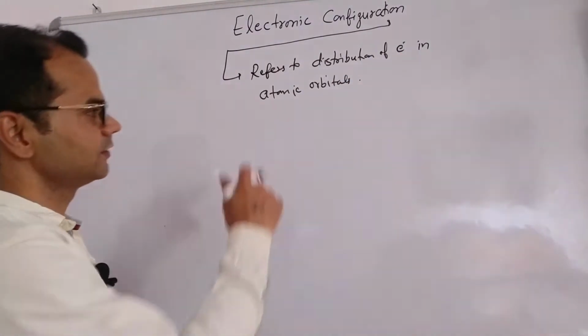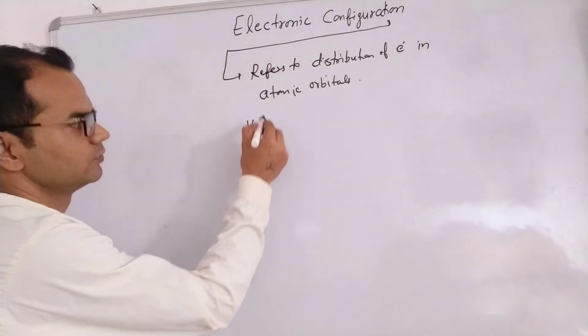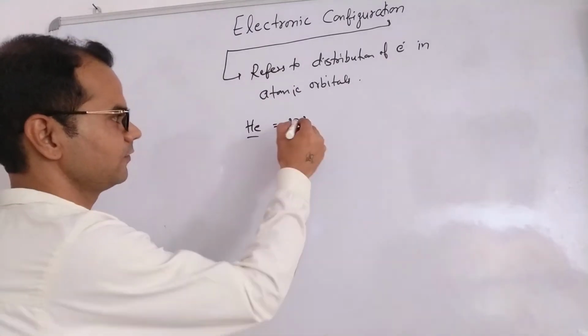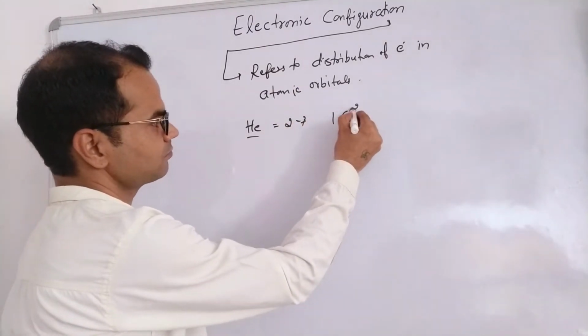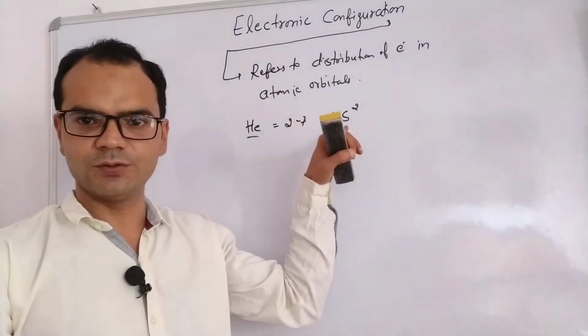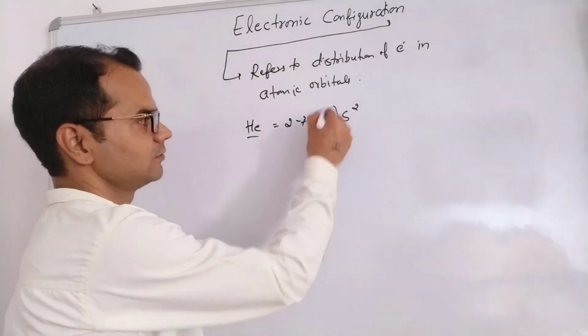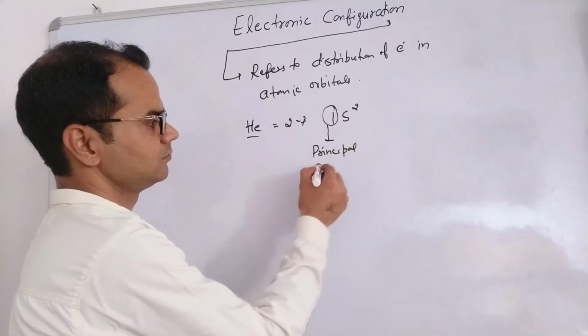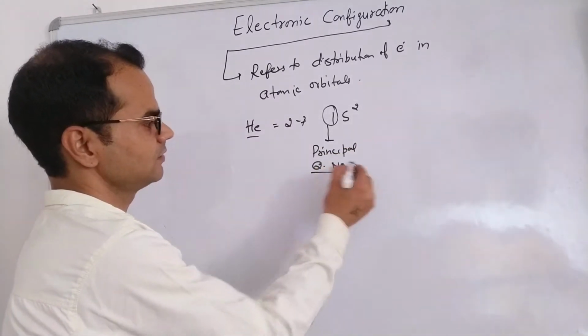For example, I have atomic number 2, helium. How to write its electronic configuration? That is 1s2. 1 represents the principal quantum number, meaning shell number.